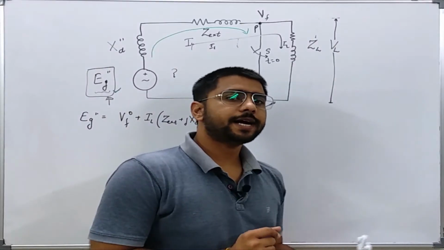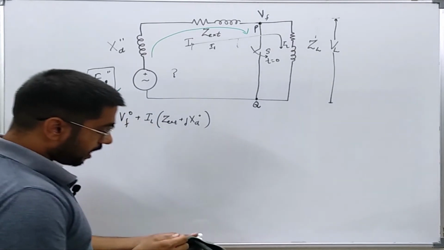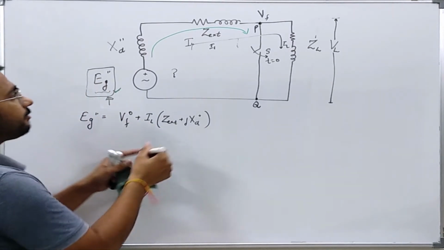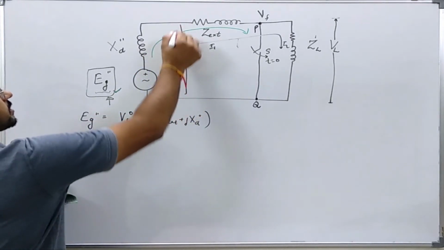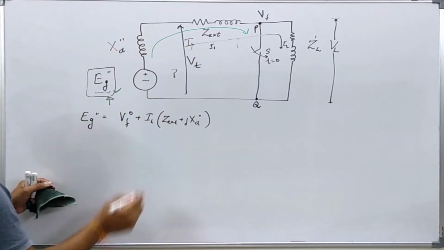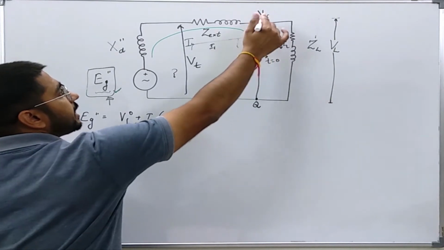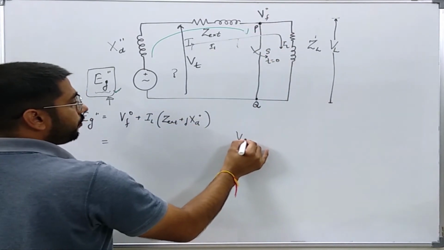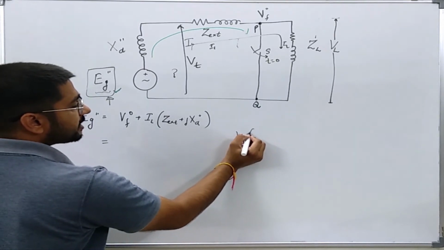In the previous slide I have derived this equation for the equivalent voltage source. Now I can modify it further. If I write the voltage here as the terminal voltage of the generator, then I can write it as, you see, VF0, the pre-fault value, where 0 represents the pre-fault.